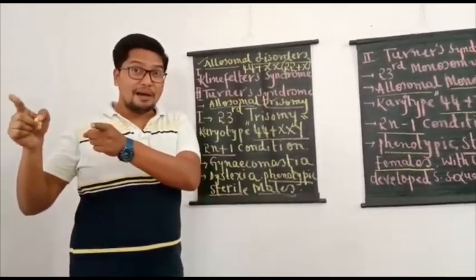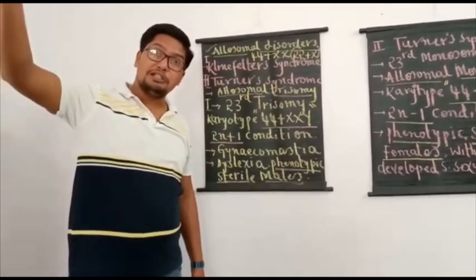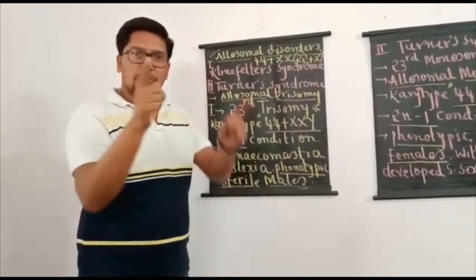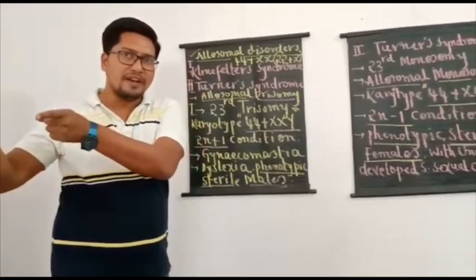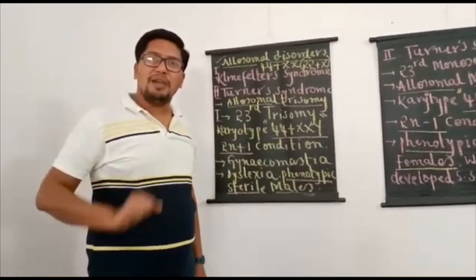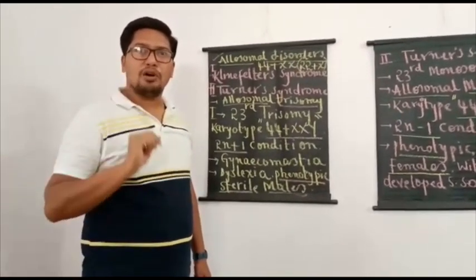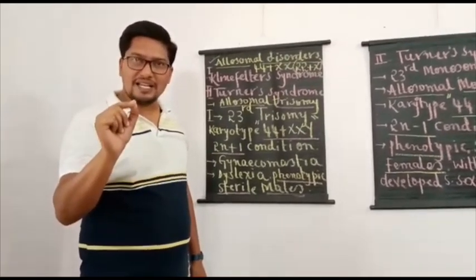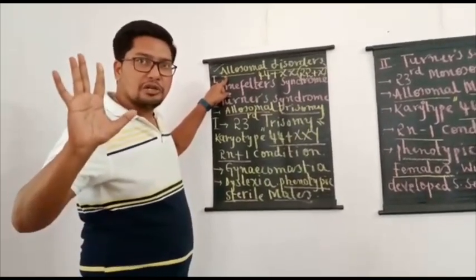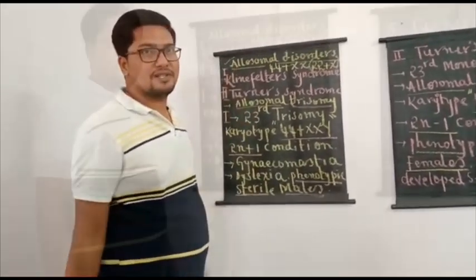And when this abnormal female gamete having 24 chromosomes is fertilized by the normal male gamete, that is 22 autosomes plus Y chromosome, now the zygote will have 44 autosomes and 3 allosomes. Now this is an abnormality in allosomes, right? And that is the reason for allosomal disorder. So simply speaking, failure of segregation of the 23rd pair of chromosomes results in the formation of allosomal disorders.